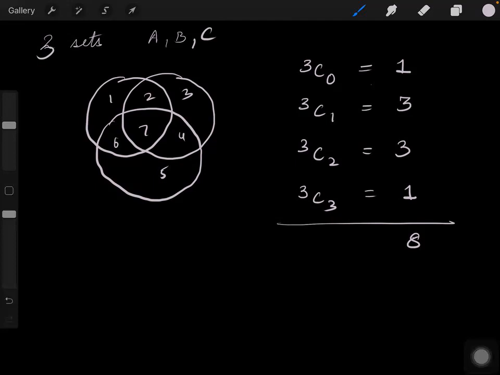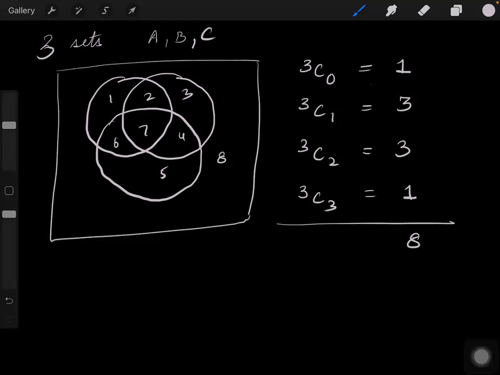Obviously, one of the 8 regions is going to be the null set, which belongs to the universal set. So if we look at the series, when we have two sets, we had altogether 4 regions.